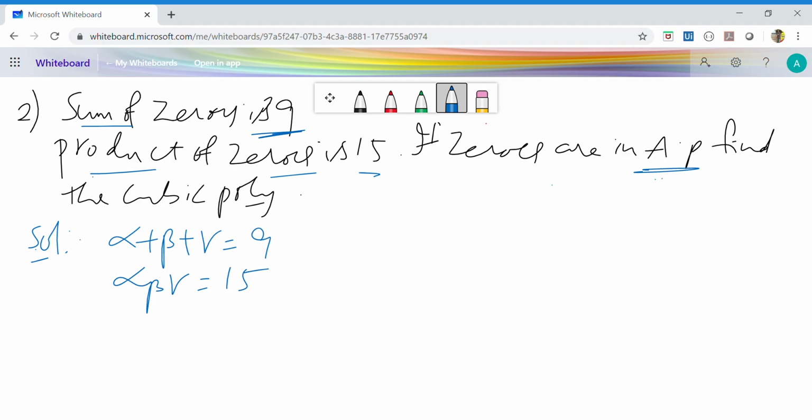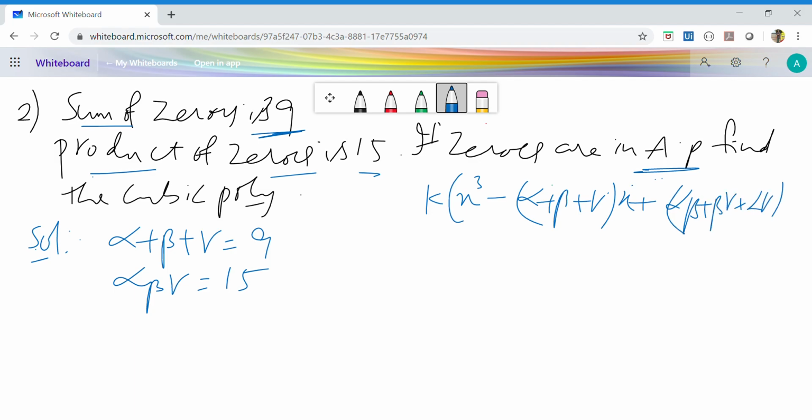What is a cubic polynomial? K of x cube minus alpha plus beta plus gamma of x square plus alpha beta plus beta gamma plus alpha gamma of x minus alpha beta gamma is the cubic polynomial if zeros are given.